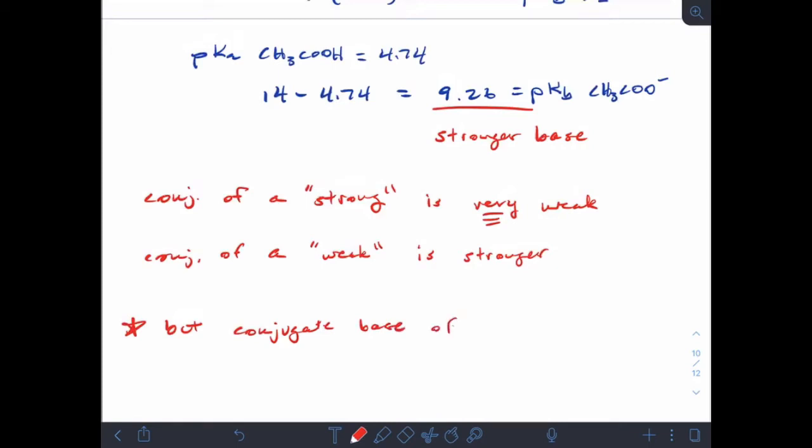The conjugate base of a weak acid is still in the weak category. But when we're comparing the conjugates of a strong acid versus a weak acid, the weak acid will have a stronger conjugate base than the conjugate base of the strong acid.